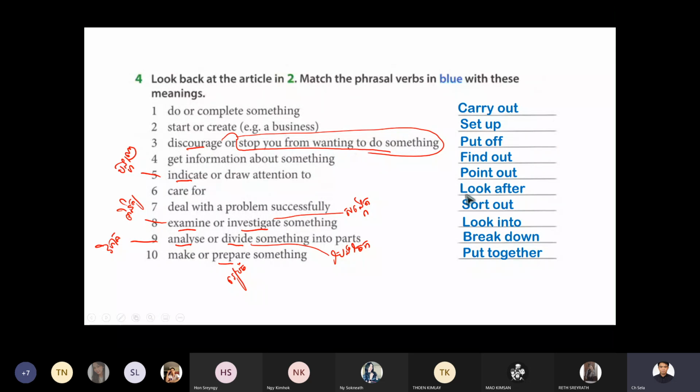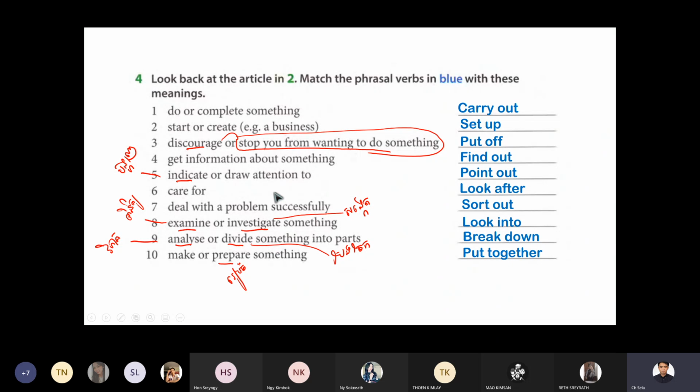Number six, look after: care for. Number seven, sort out: deal with a problem successfully. Number eight, look into: examine or investigate something. Number nine, break down: analyze or divide something into parts. Number ten, put together: make or prepare something.